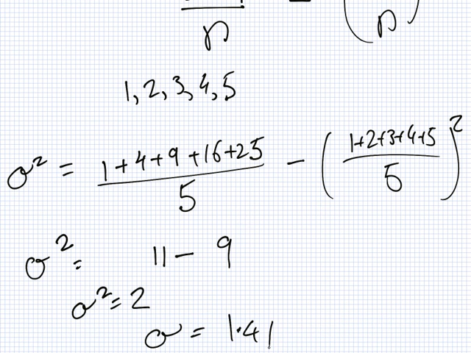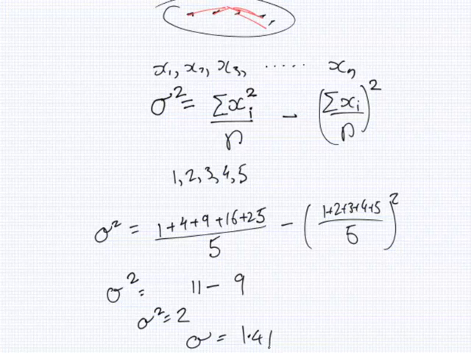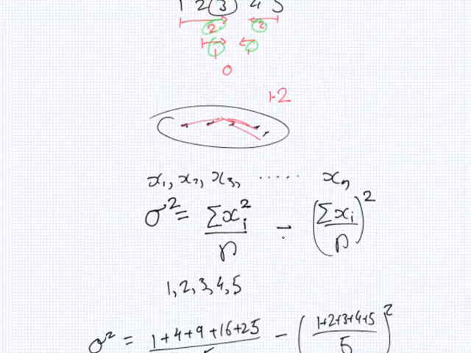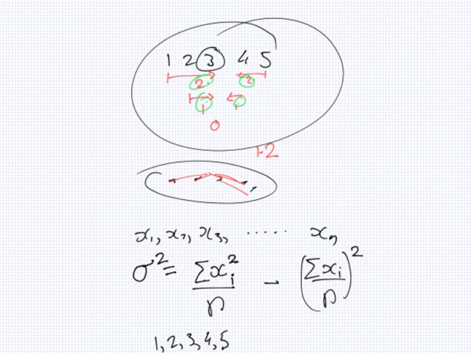Now, what's interesting is, even though this formula looks quite strange, notice how this answer is quite similar to the answer I got here. I got an answer of 1.2.